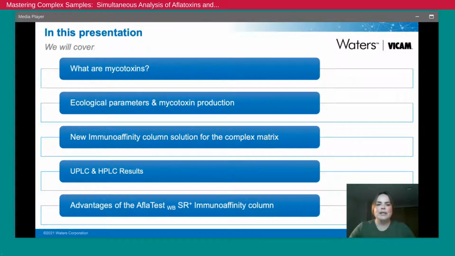In this presentation, we will cover what mycotoxins are, the background of mycotoxins and chemical structures, ecological parameters in mycotoxin production, what ecological factors affect mycotoxins, a new solution for the complex matrix, introducing the Aflatoxin WBSR+ column, UPLC and HPLC results and the discussion of those results, and advantages of the Aflatoxin WBSR+ immunoaffinity column.